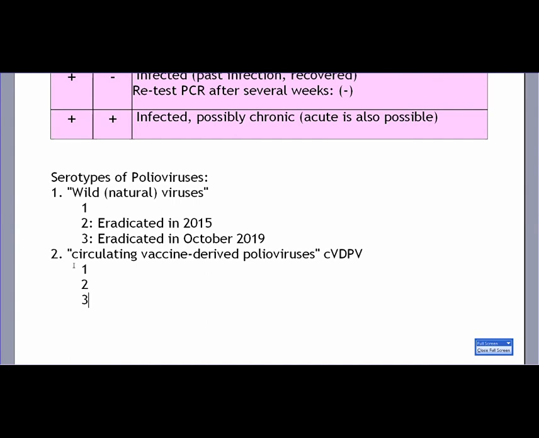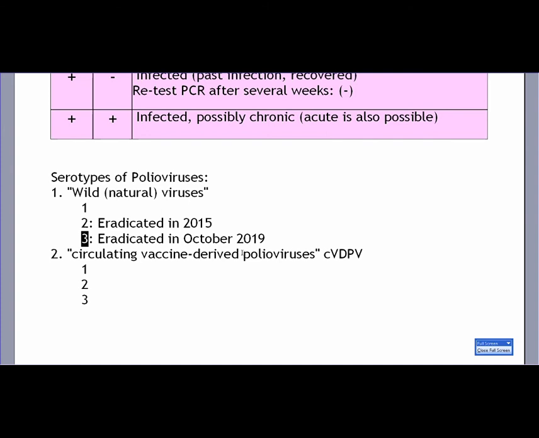And what are these viruses? These are viruses that appear because of mutations of one of the vaccines. So at first, these serotypes were serotype 1, serotype 2, and serotype 3, and they were used for vaccination.